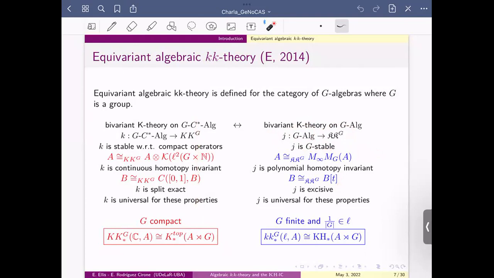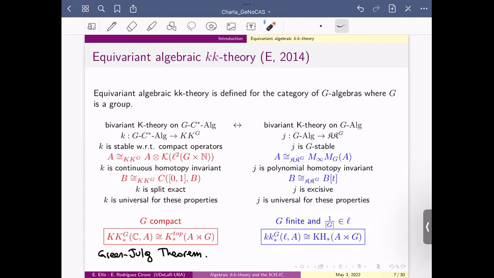Finally, there is a theorem in Kasparov KK theory called Green's theorem, which says that if G is compact, then KKG of C and A is the topological K theory of the crossed product G with A. And on the algebraic side, we have an algebraic version of this theorem.